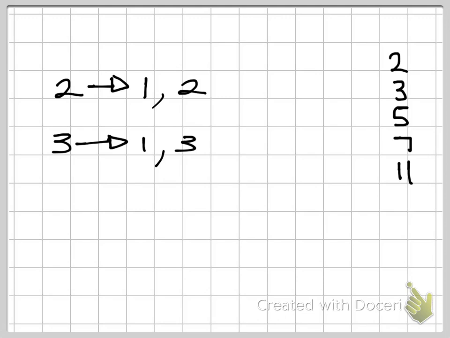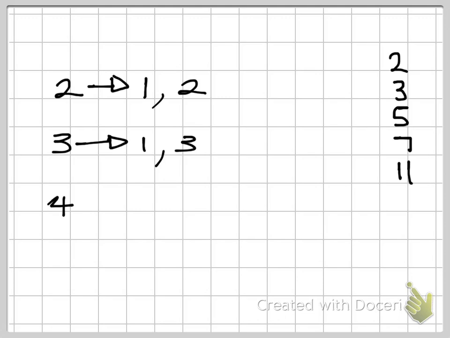Now, let me quickly check and see if you understand what I was saying. 2 only has 2 factors. What are the factors of 2? 1 and 2. If I were to ask you 3, the factors of 3 would be 1 and 3.